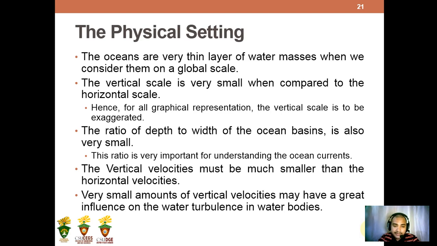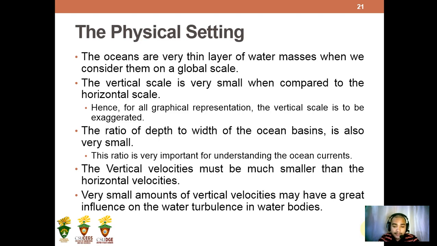So, this ratio is very important for understanding the ocean currents. The vertical velocities must be much smaller than the horizontal velocities. Again, the scale, the depth, and the velocity is very small. No? Vertical scale, depth, and velocities are very small compared, or kung di siya very small, is smaller than the horizontal scale, ratio, and velocities.